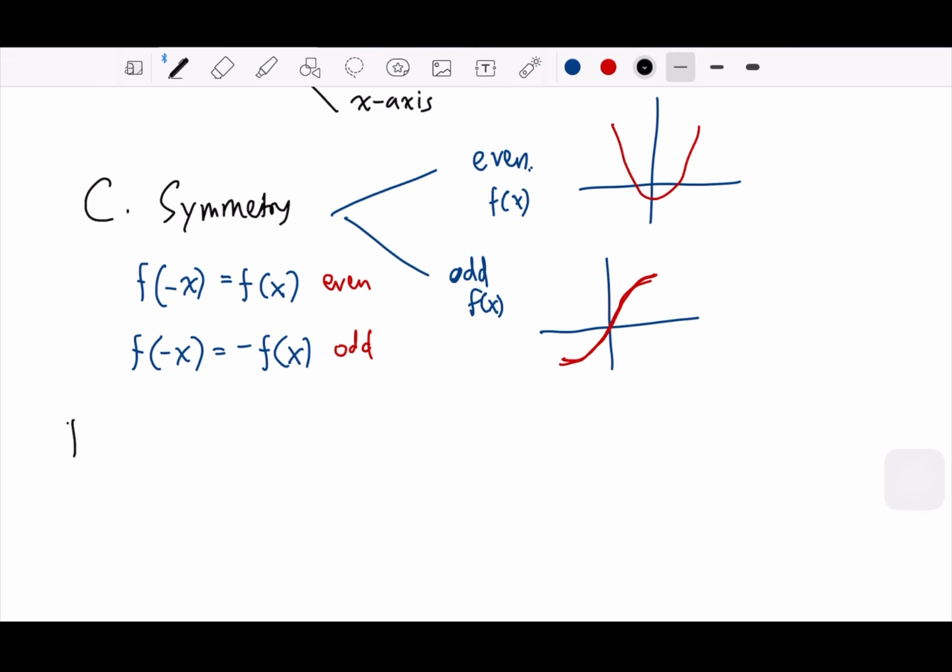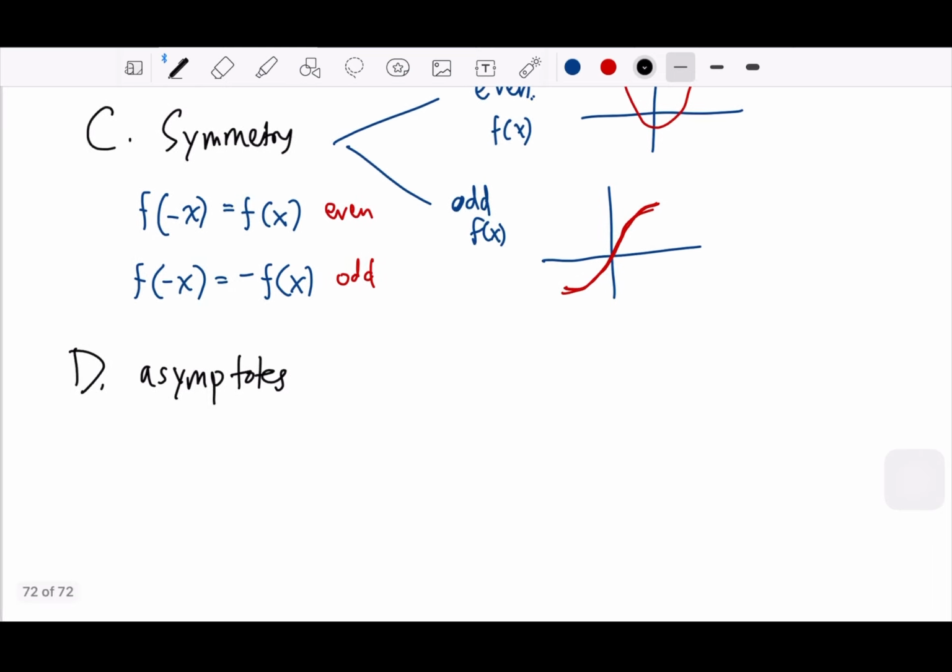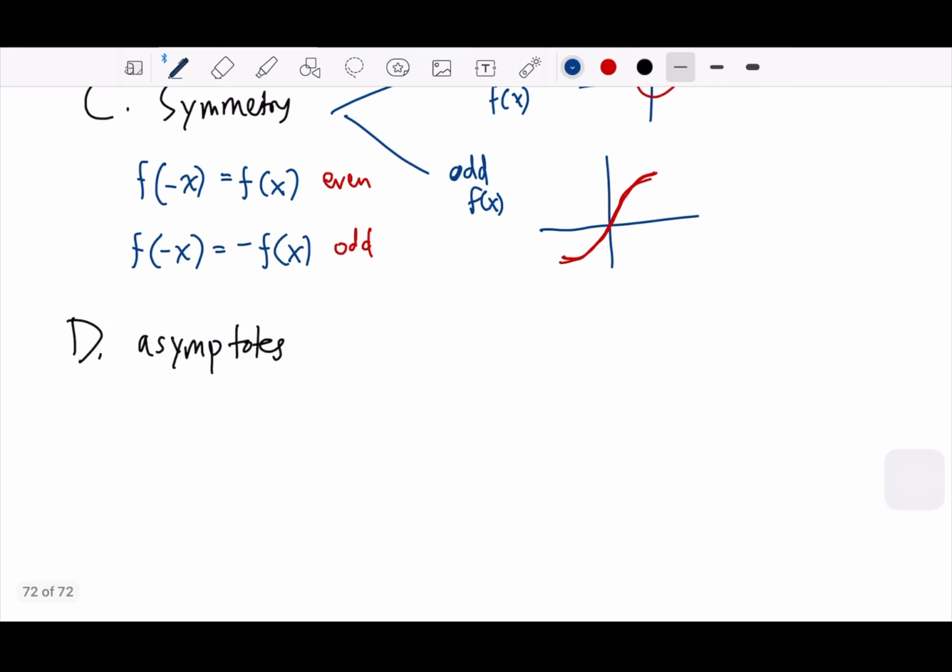Another step will be: are there any asymptotes? So we know that we have a horizontal asymptote, and we also have a vertical asymptote.